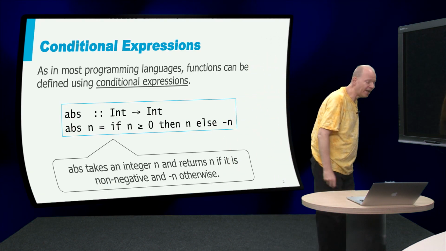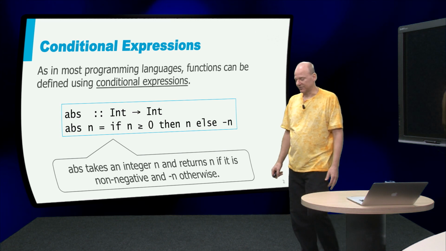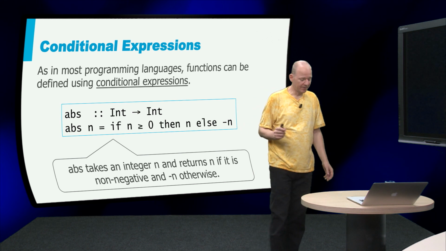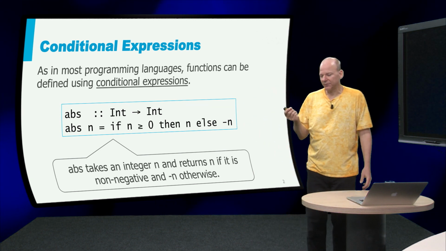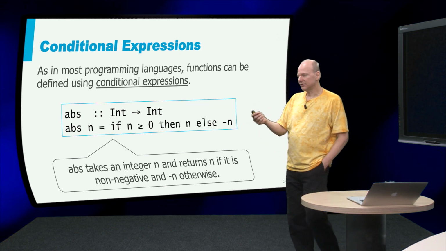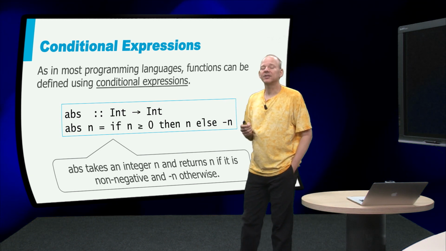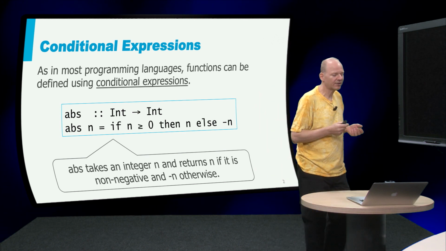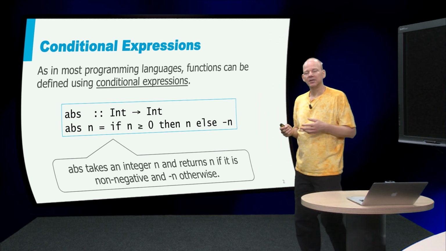So the first thing is conditional expressions. Every language has conditional expressions, and often there's a difference between conditional statements that are written using if then else, and conditional expressions, ternary expressions, that are written with question mark, colon.